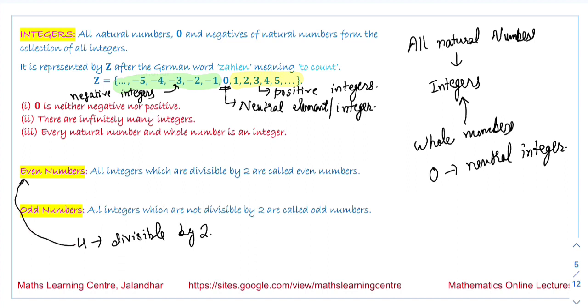Suppose I am talking about, say, the number 13 or the number 15. We see these numbers are not divisible by 2, so we say that odd numbers are those numbers which are not divisible by 2.